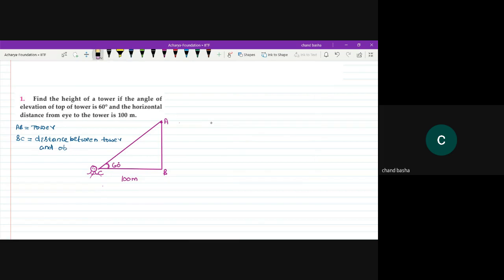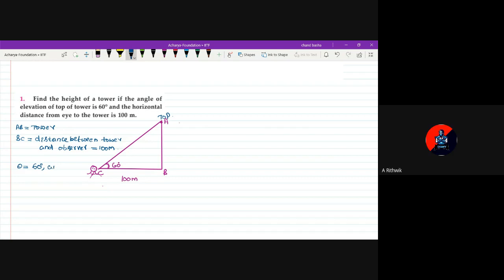So should we take cos theta, sir? That I'll tell you. This is BC. Clearly, he has given this as 100 meters, and theta is given to you because we are standing and we are observing the top of the tower. So it is theta. Theta is what? Angle of elevation or depression?